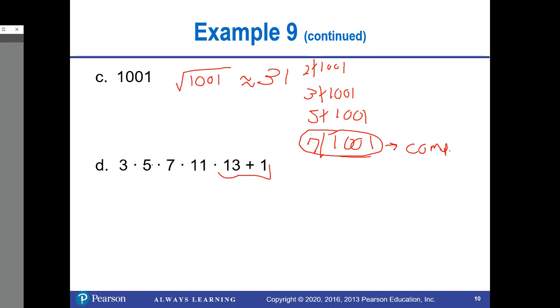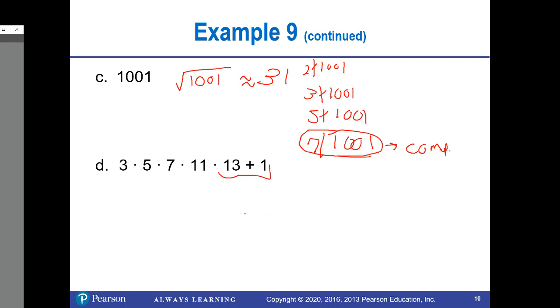So 3 times 5 is 15, but also 5 times 7 is 35, 7 times 11 is 77. Any odd number times another odd number, your answer is going to be odd. Any even number times an odd number, your answer will be even.